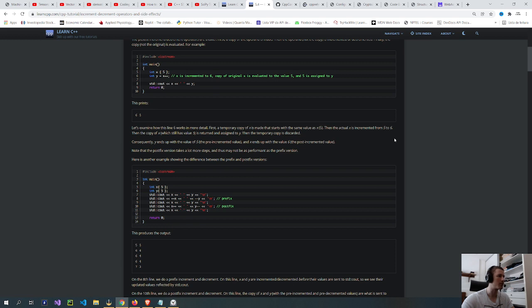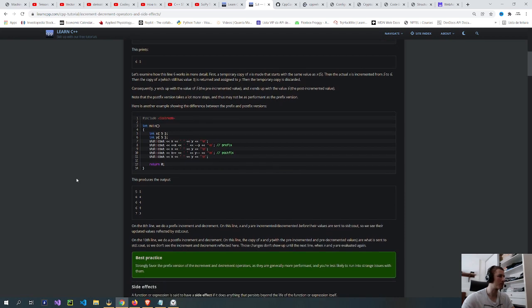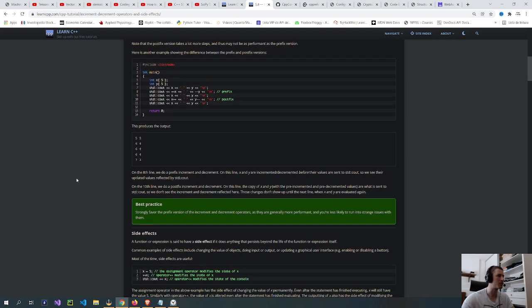Consequently, Y ends up with a value of 5, the pre-incremented value, and X ends up with the value 6, the post-incremented value. Note that the postfix version takes a lot more steps and thus may not be as performant as the prefix version. Here's another example showing the difference between the prefix and postfix versions.